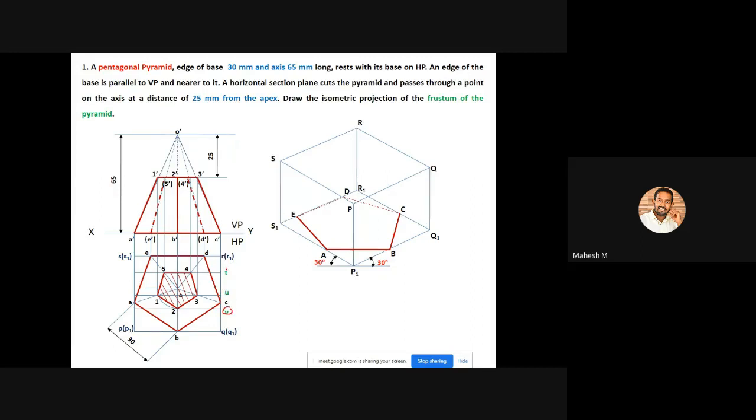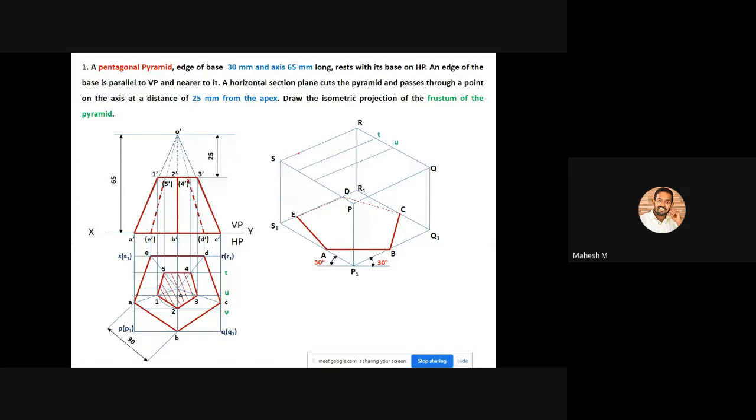You can mark these three lines, and they should be parallel to the edge called R2S. So you can mark the three lines on this top surface. So it should be parallel. So this line and this line should be parallel. So you can measure the distance of this particular surface. Okay, you can measure this distance, and you can mark the distance here.